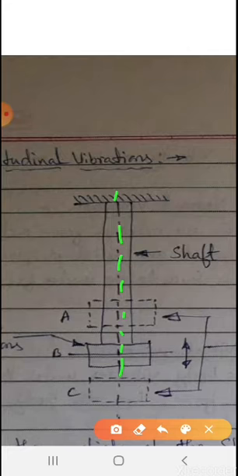In this case the shaft is elongated or shortened alternately, so that the shaft moves up and down, resulting in compressive stresses and tensile stresses being induced in the shaft alternately, right?